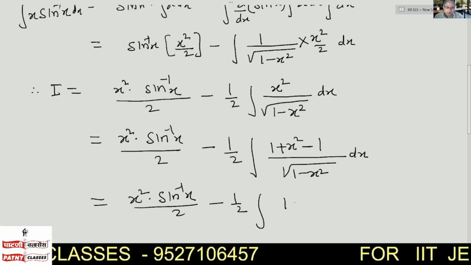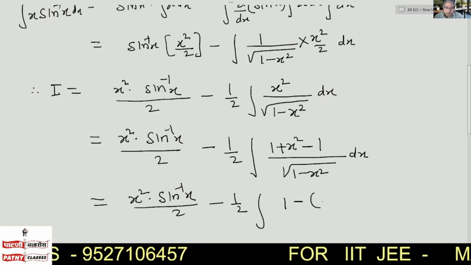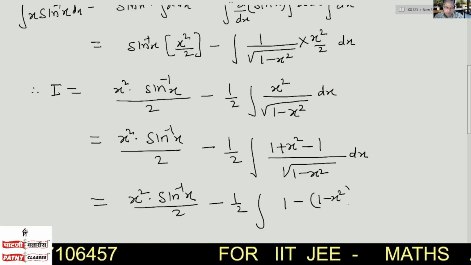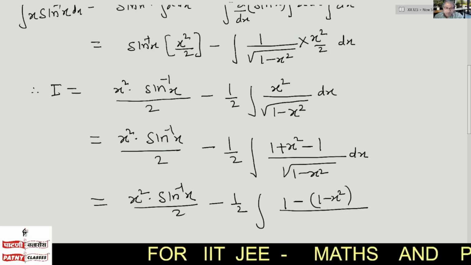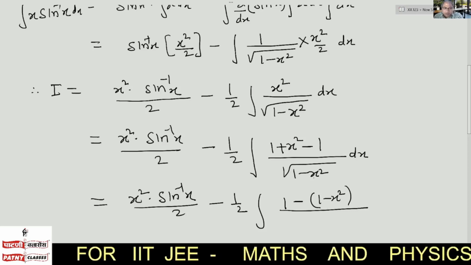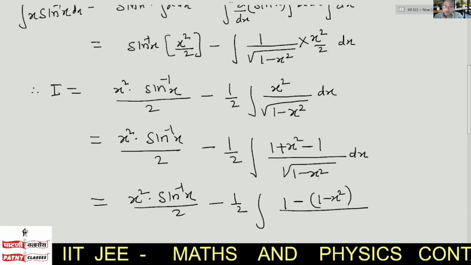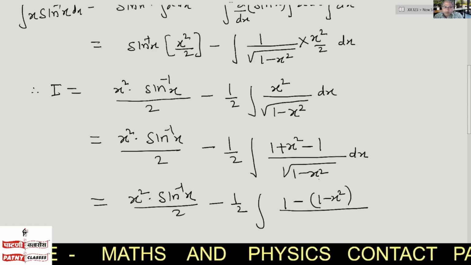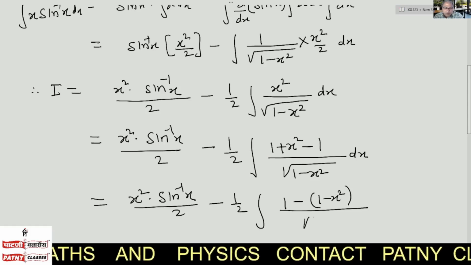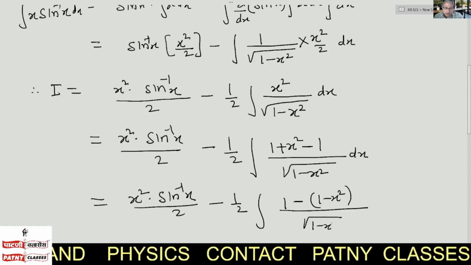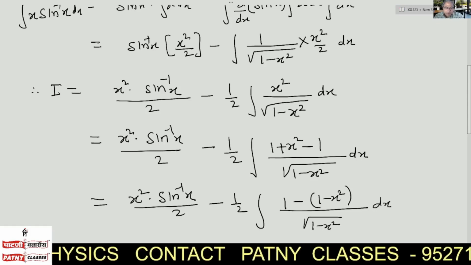Here 1 as it is, here taken minus common, so it becomes 1 minus x square. Why did we do so? Because in the denominator 1 minus x square is there. To create the 1 minus x square in the numerator, I took minus common, denominator as it is, with respect to x.